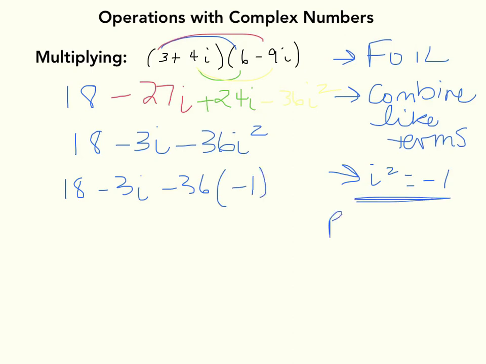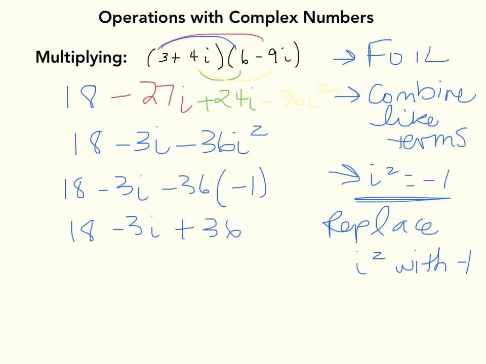Okay, so replace i squared with negative 1. This is really important because you cannot leave i squared in an answer because we know what i squared represents. And so negative 36 times negative 1 is positive 36, and then we just combine whatever we can. 18 plus 36 would be 54 minus 3i.